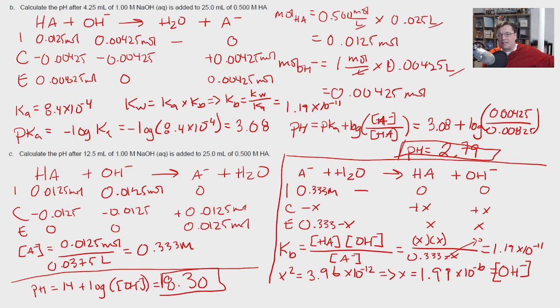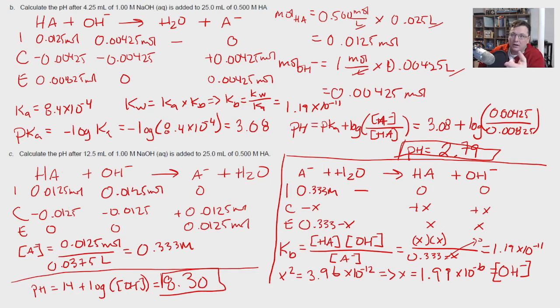And then once you're past that point, it's completely dependent upon the amount of OH minus that you're adding. Looking at this, the concentration of sodium hydroxide that you're adding is 1 molar. So even if I were to add 1 more milliliter past this point, what I'm essentially adding is 0.001 moles of OH minus to that system, and that starts to overwhelm what's going on in terms of this equilibrium.